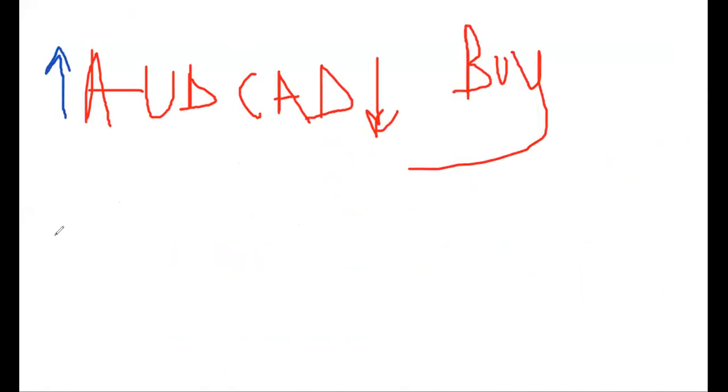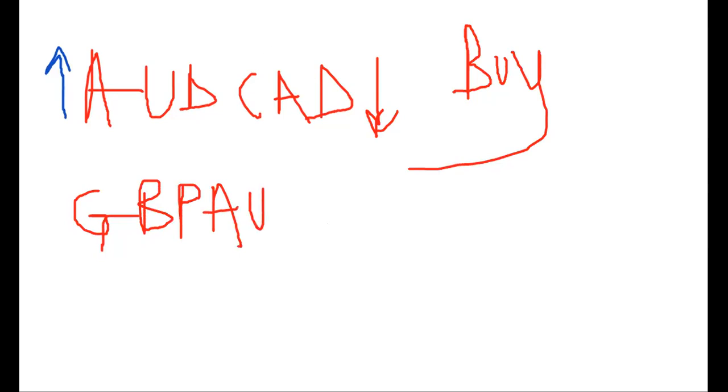I can also gain on GBP. It's a vice versa thing now. If GBP is going down, AUD should be gaining here. AUD should be gaining.